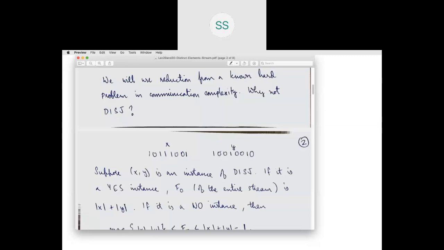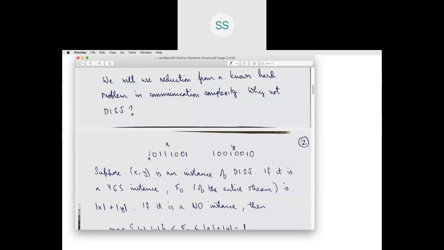So now disjointness makes sense. You can also think of it as a stream where 1 appears, followed by 3, followed by 4, followed by 5, followed by 8, followed by again 1, 4, and 7. Now you can ask what is the zeroth frequency moment of this, or in other words, how many distinct elements appear. Disjointness-wise, these are not disjoint.